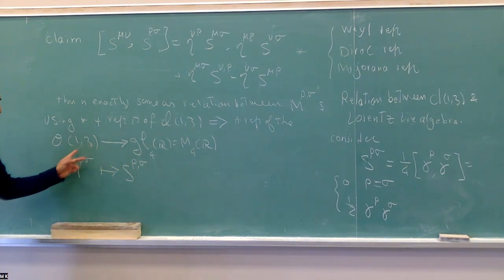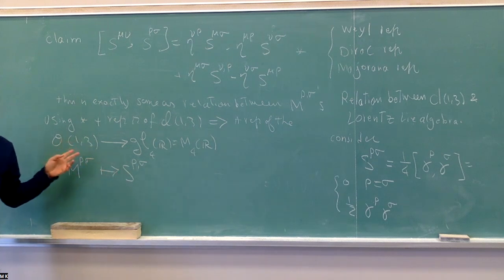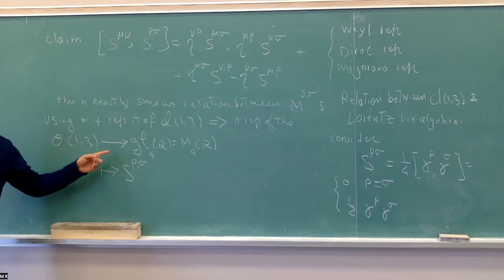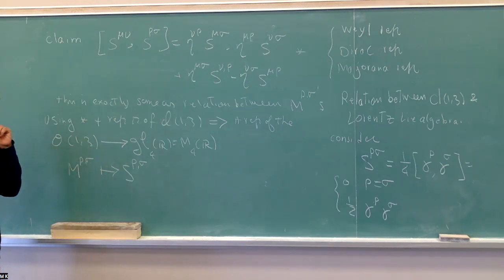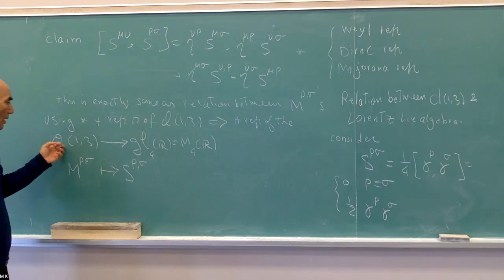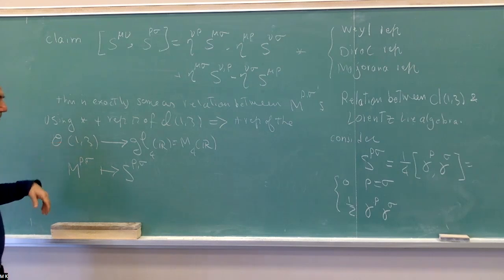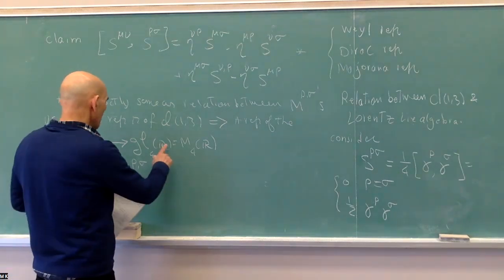So this is now a real representation, because this is a real map. It's a real representation of the Lorentz Lie algebra. Oh, I made a mistake here.